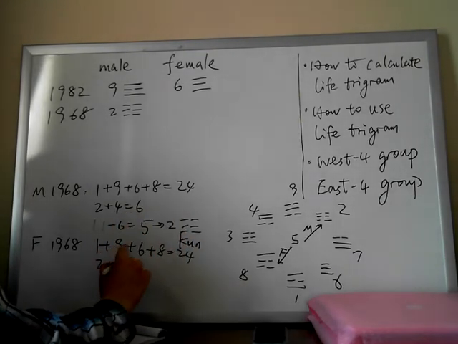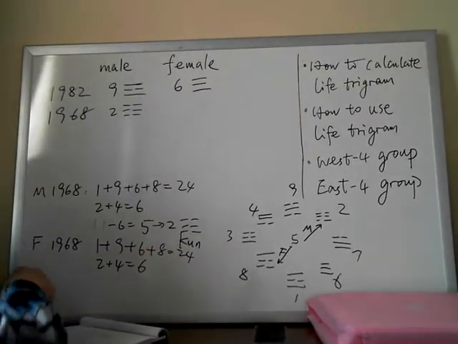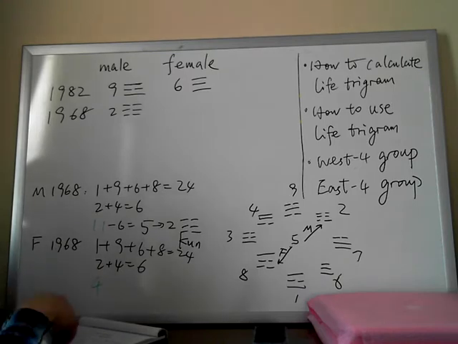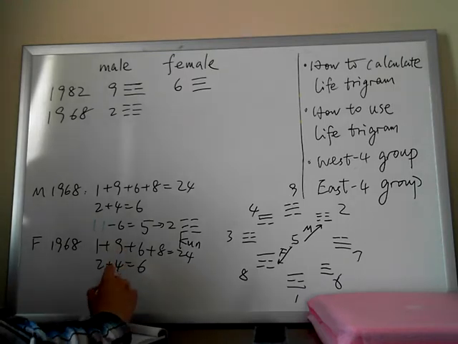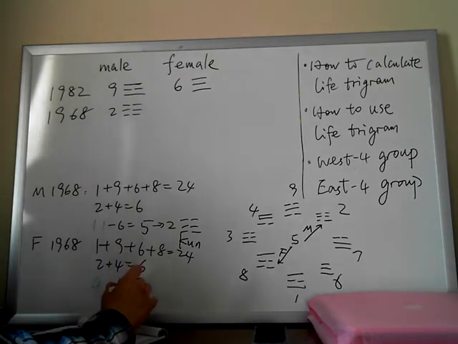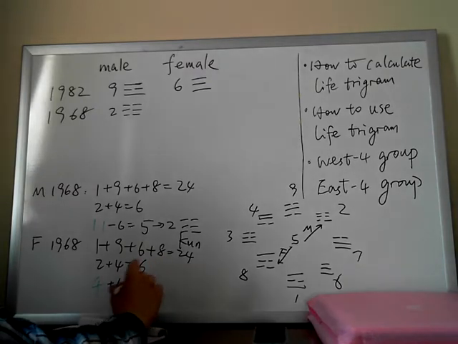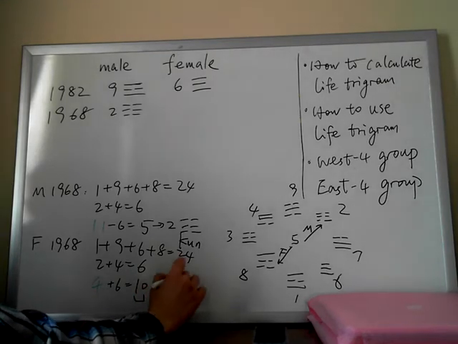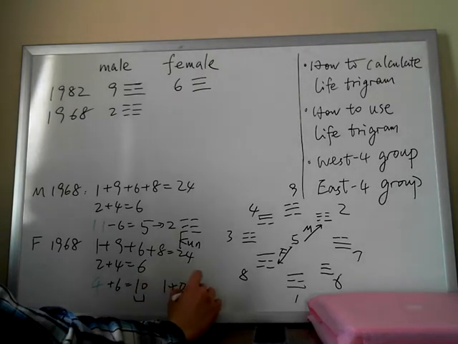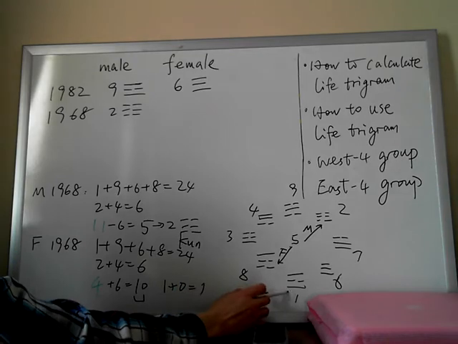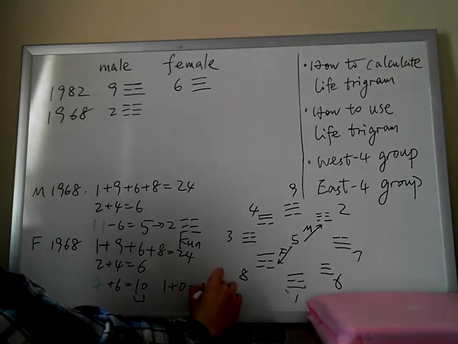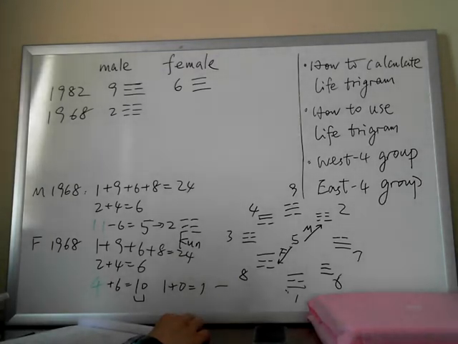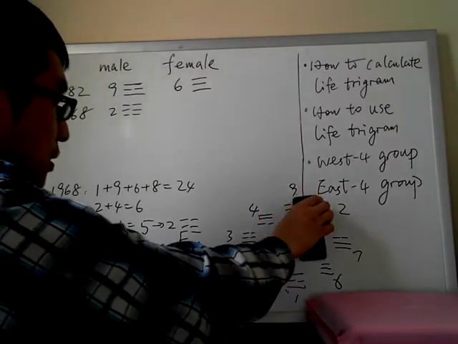For female, 1968, 1 plus 9 plus 6 plus 8 is 24. 2 plus 4 gets 6. Then we add 4 to the result. It's 10, a double digit, so you add 1 plus 0 to get the final result, 1.